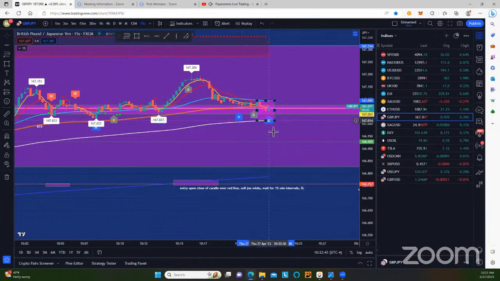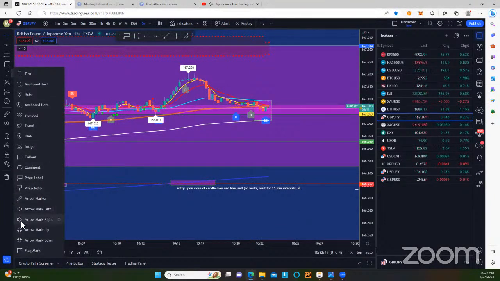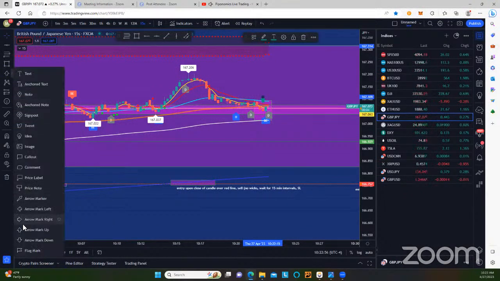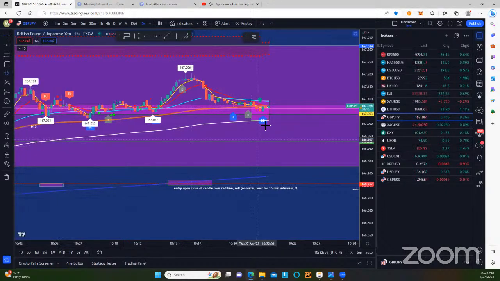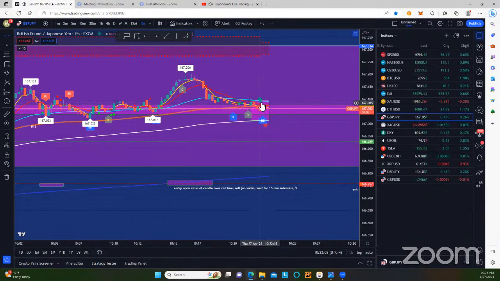That's the question. Is it going to pop out at the top and continue to go upward? Or is it going to pop out at the bottom? And then in that case, we're looking for a retest. And when I say top and bottom, that means aqua is the top.